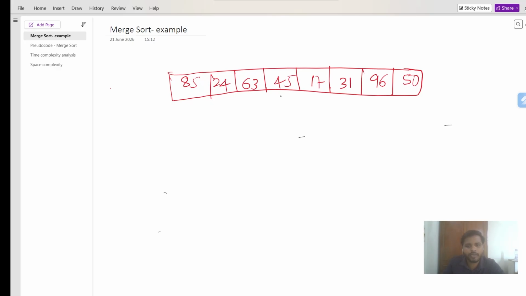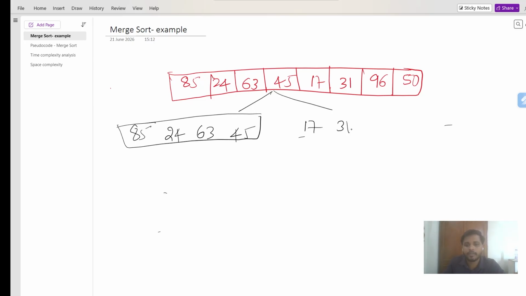Since there are 8 elements, it will be divided exactly into two halves: 85, 24, 63 and 45 in the left half, and 17, 31, 96 and 50 in the right half. The recursive division continues until we have one element left in the array.